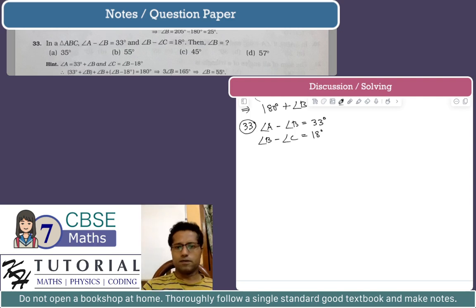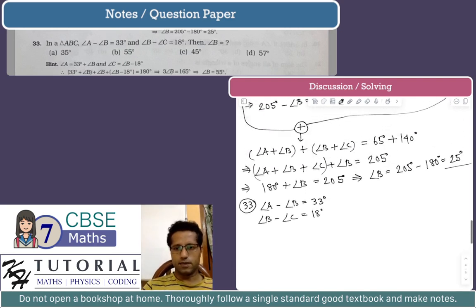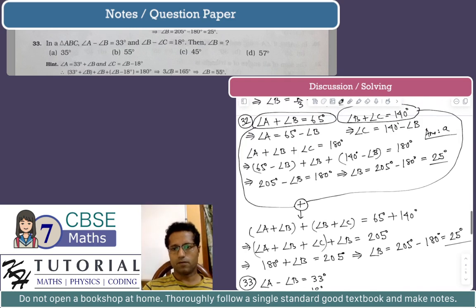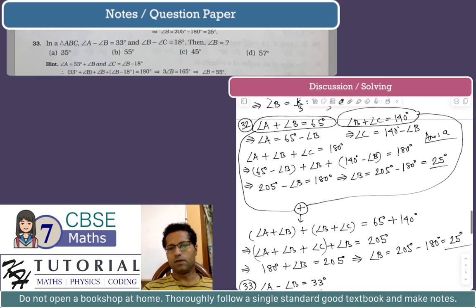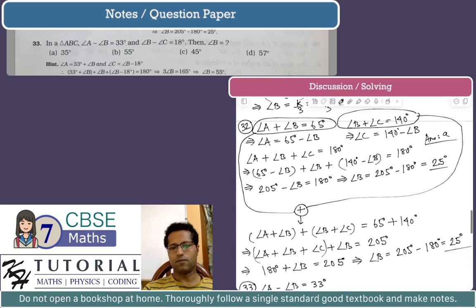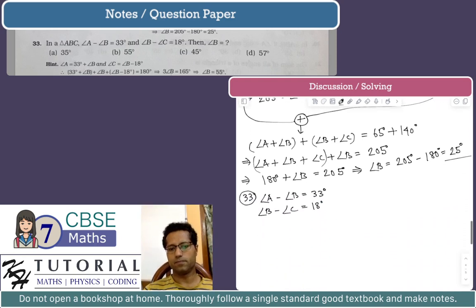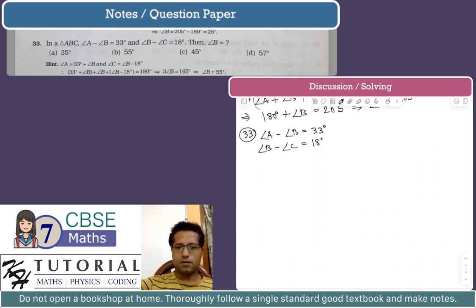Now the first approach that I used to solve this problem was that since it is asking to find angle B from the given two equations, I expressed angle A and angle C in terms of angle B. So let's do it that way only.